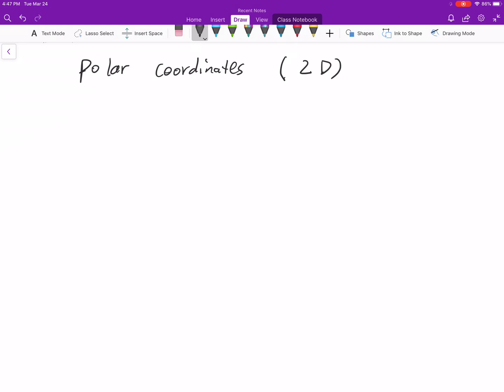In 3D, we have more choices, such as cylindrical coordinates or spherical coordinates, which will be discussed later. So recall the following definition. On this side, you have the rectangular coordinate system, and on this side, you have the corresponding polar coordinate system.